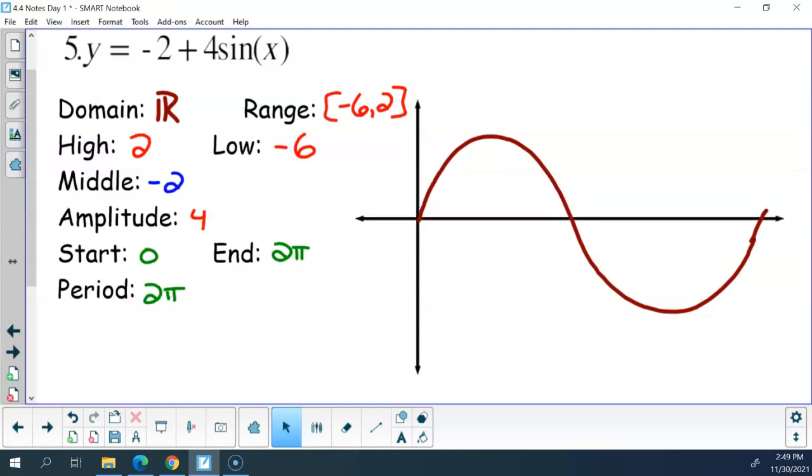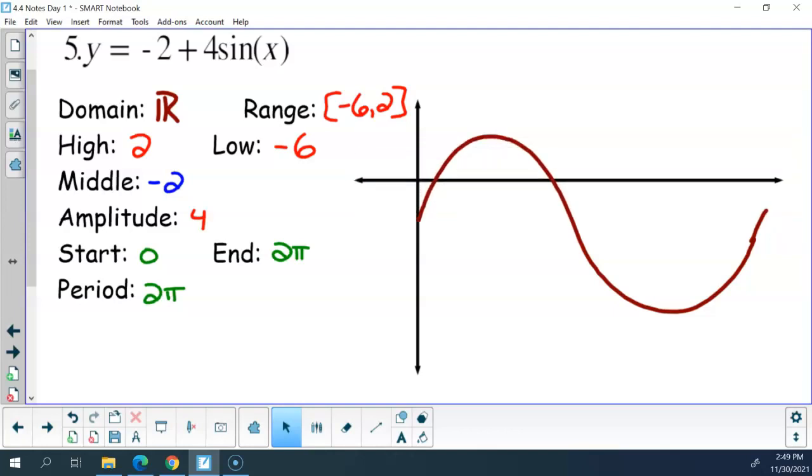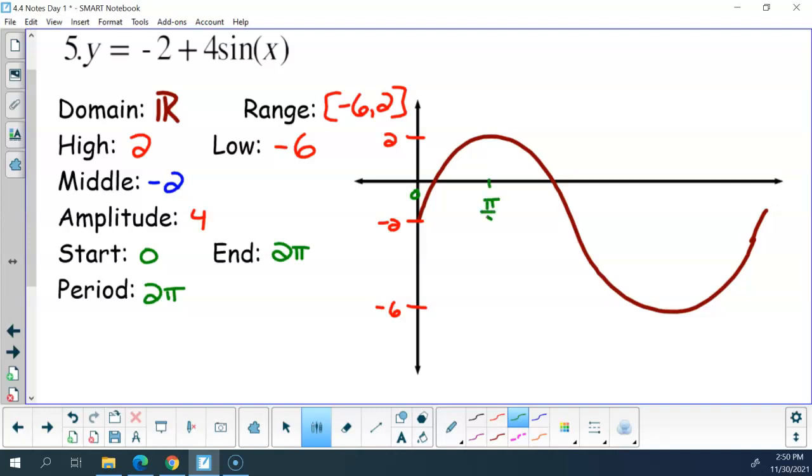And wait, no, middle is -2. Pi is 2, so we're about in there halfway. Yep. So now this down here would be -6. This would be -2. This would be +2. This would be 0. Pi over 2. Pi. 3 pi over 2.